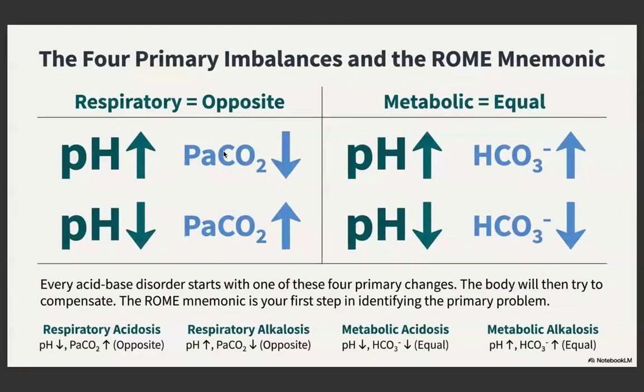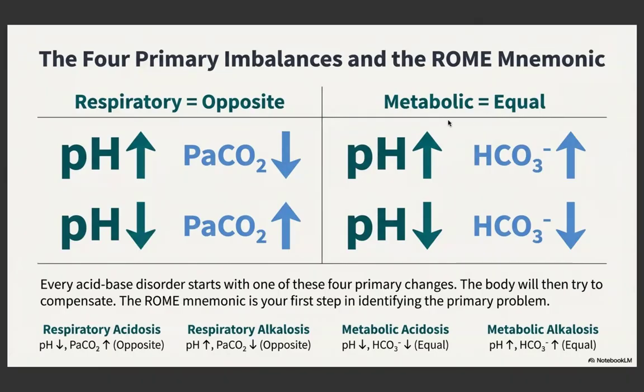All right, and then again, just remember when we're talking about respiratory, PaCO2 is opposite. So when you have a high pH, your PaCO2 is going to be low. When you're more alkaline, your PaCO2 is low. When your pH is low, PaCO2 is up.